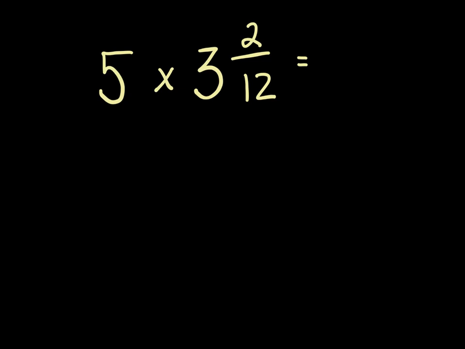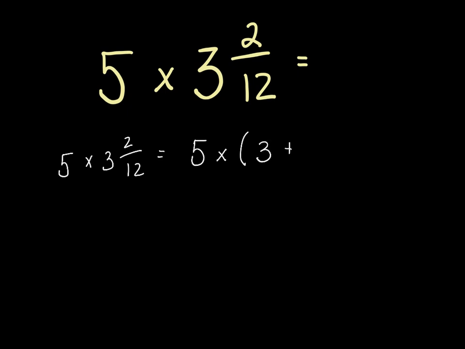So 5 times 3 and 2/12. If we're going to use the distributive property, we're going to put 5 times 3 and 2/12, and now use the distributive property to figure this out. 5 times, and we're going to break apart the whole from the fraction.